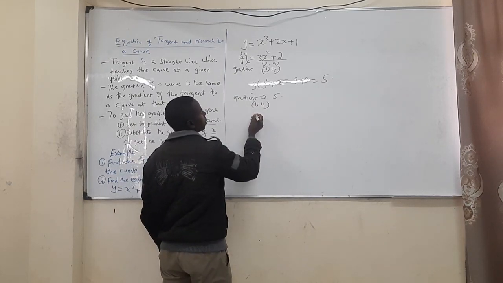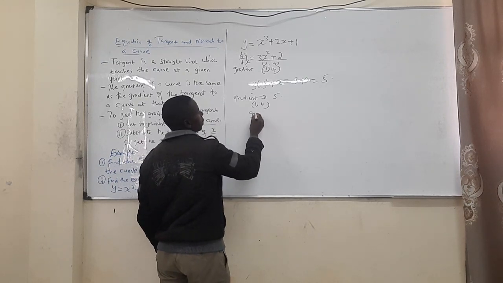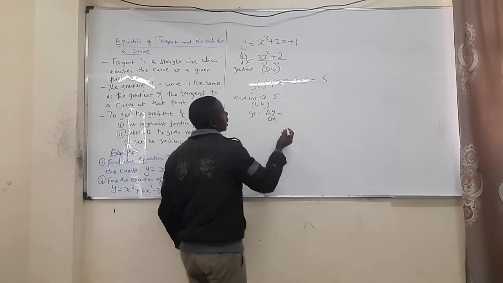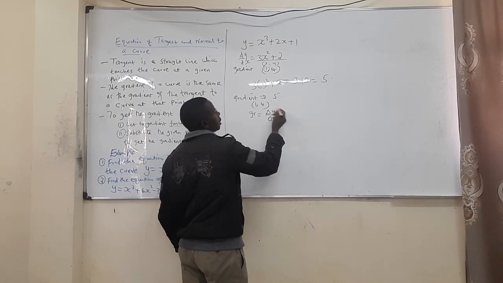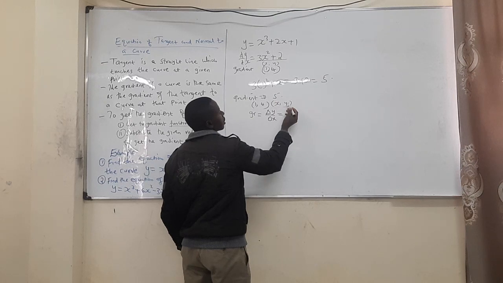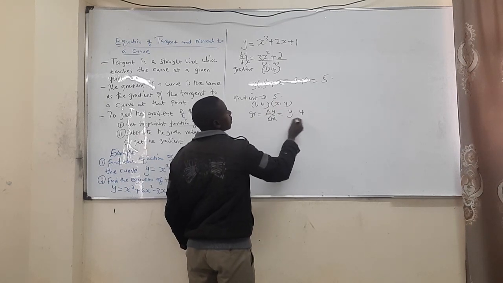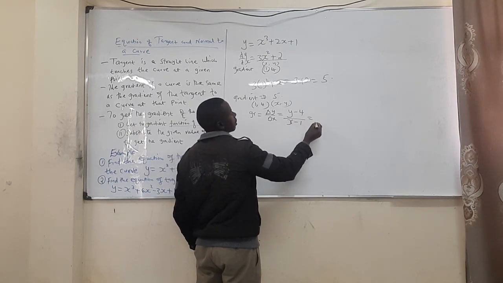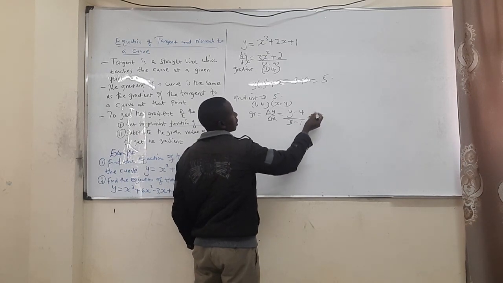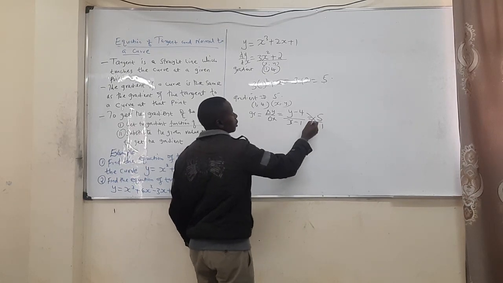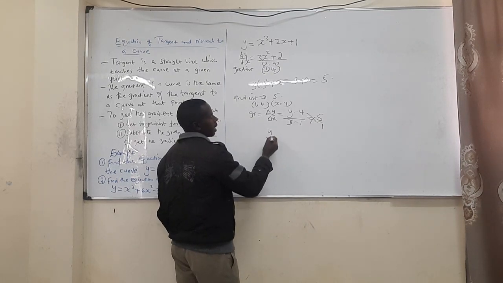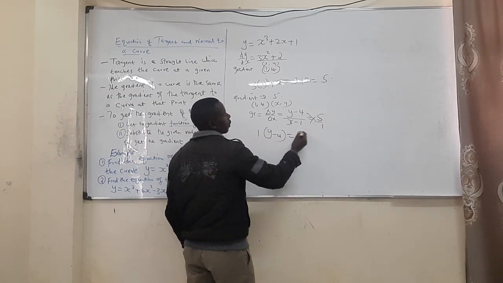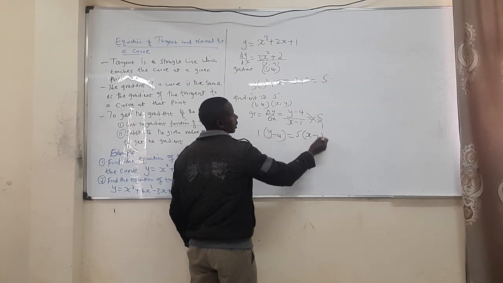So to get the equation, we need to use the formula. Gradient is given by change in y over change in x, where for change in y we take an arbitrary point (x, y), so you get y minus 4, we divide by x minus 1. This is going to give us the gradient, which is 5. So you cross multiply to get y minus 4 equals 5 times x minus 1.